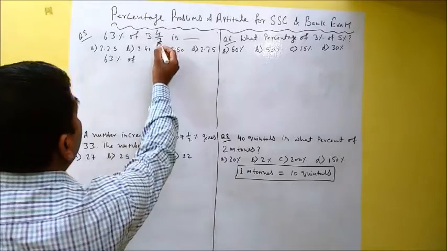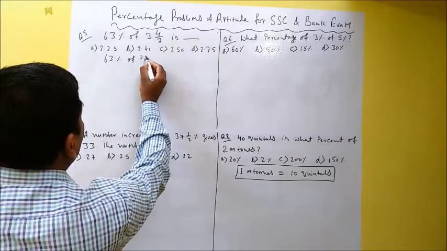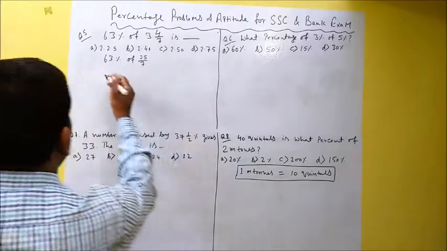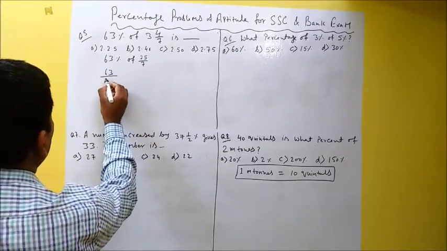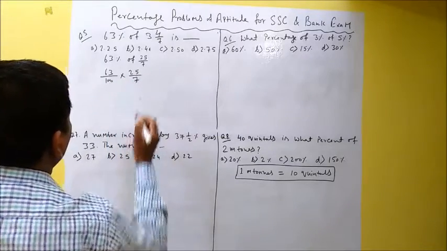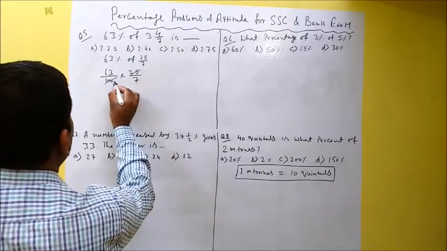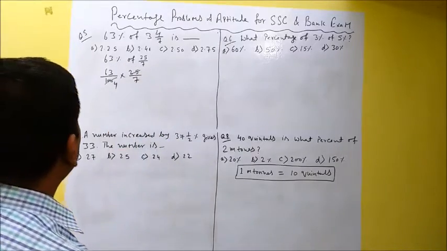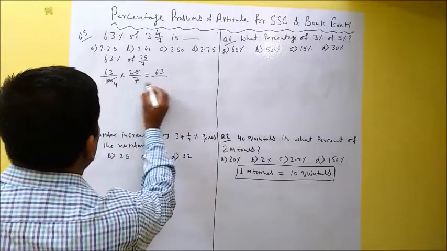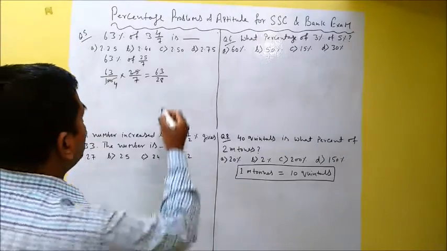That means 7 3s are 21, 21 plus 4 is 25/7. So now again, 63/100 into 25/7. Here, this will go 4 times and then this becomes 63 upon 28. So we have to do the division now.